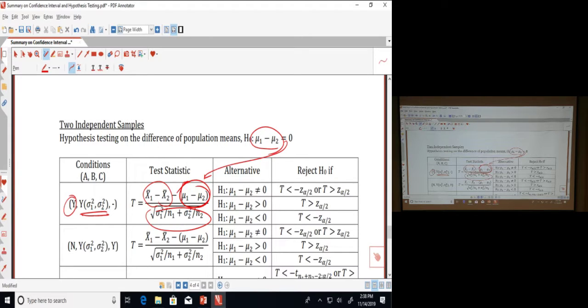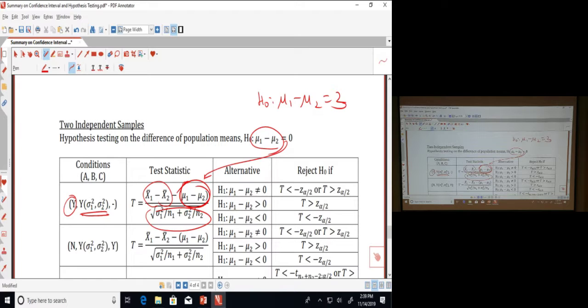Now, let me ask you, if my null hypothesis is that mu1 minus mu2 is equal to 3, can we test this statement? And what is the test statistic? In general, the one that I wrote down there follows, under the normality assumption, a t distribution, or a standard normal distribution.